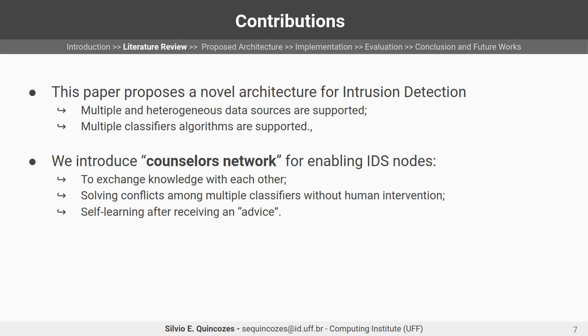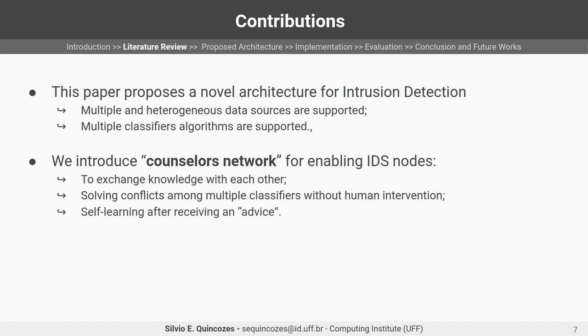Our proposal is to improve all these methods by using multiple and heterogeneous data sources, so we will be able to use multiple classifier algorithms, and we propose a counselors network for exchanging knowledge between the multiple classifiers or the multiple detectors that have multiple classifiers.